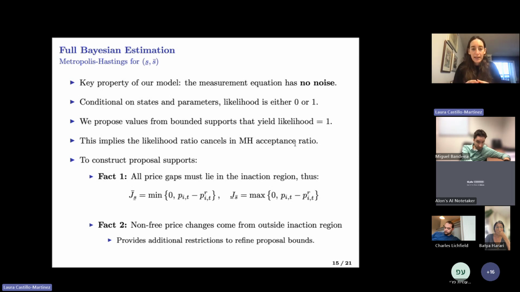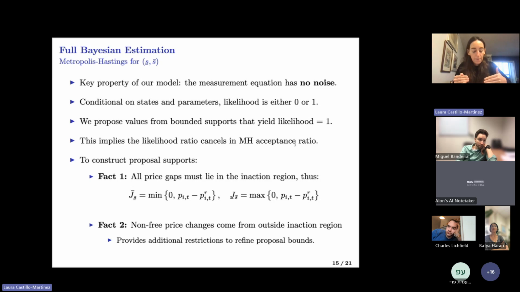We're just twisting things in different ways, but we're essentially twisting the same thing. The first one is the fact that all price gaps are observed. Remember, here we're conditioning on the latent states, and we're conditioning on all the other parameters except for the inaction region. So once we have price gaps, and we have them because we're observing the price and conditioning on the hidden state, all of those must lie within the inaction region. This means that the inaction region has to be wide enough to accommodate all these price gaps.